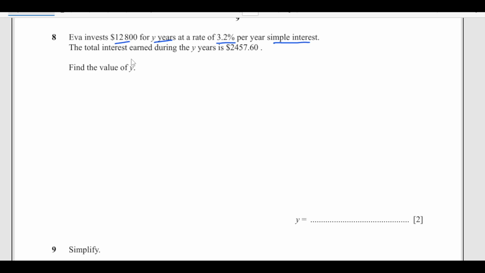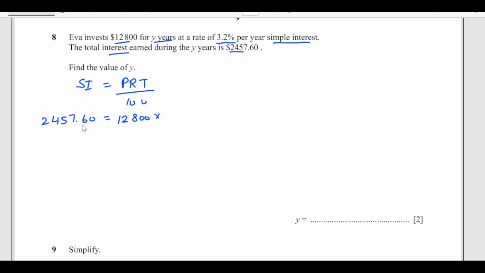Now this is simple interest, so we can use the formula of simple interest. As you know, this is PRT over 100, and the total interest earned is 2,457.60, and P is 12,800.